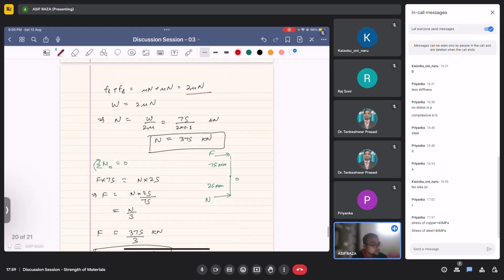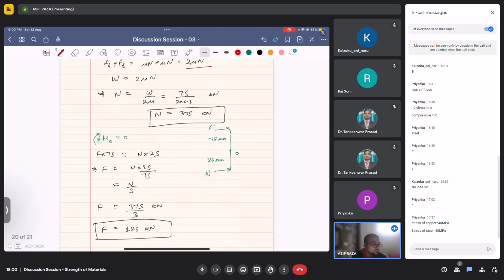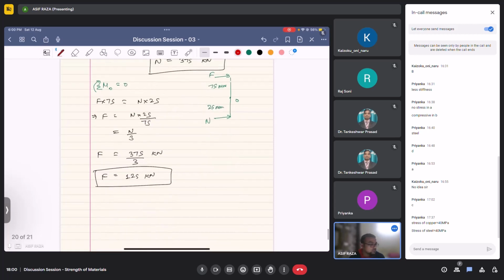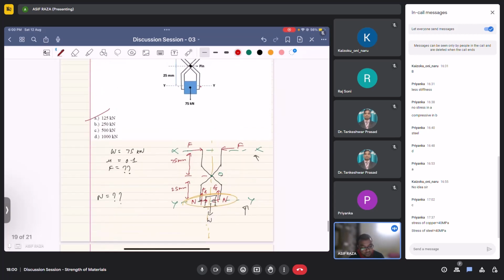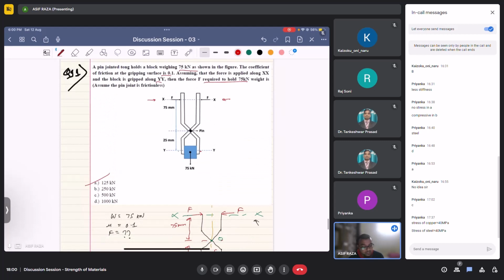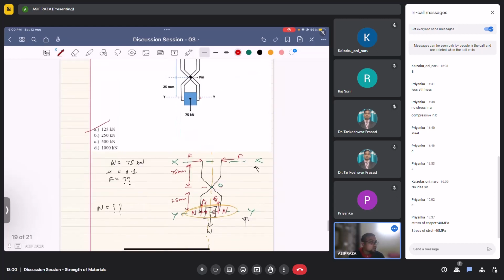Then we'll use the moment equilibrium equation, with the consideration of the symmetry of the system, to find the force we need to apply in the holding section along the x-axis to resist the load along y.